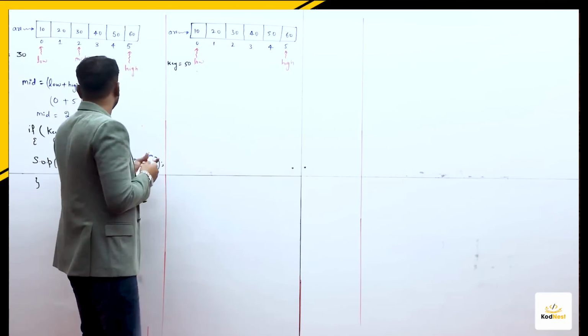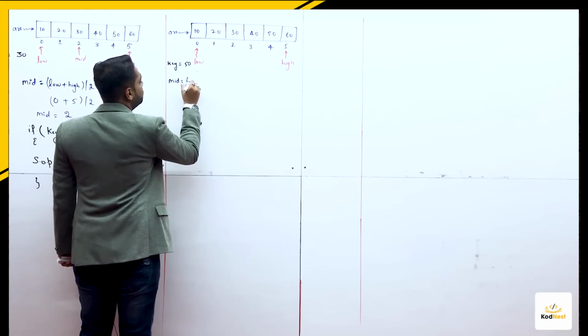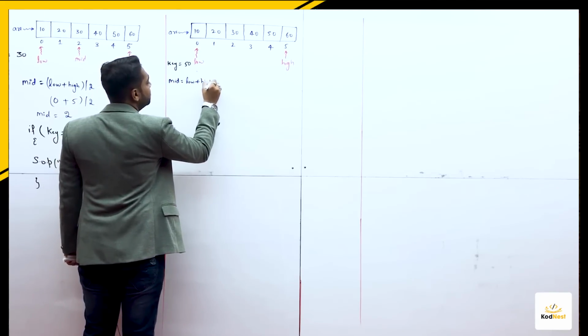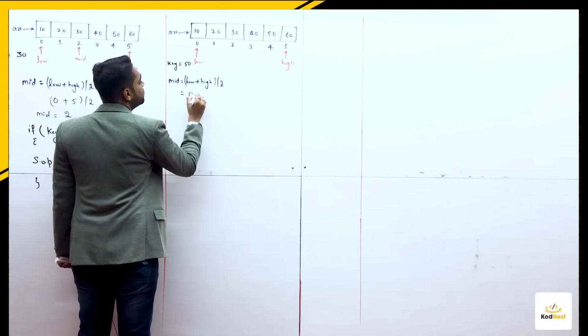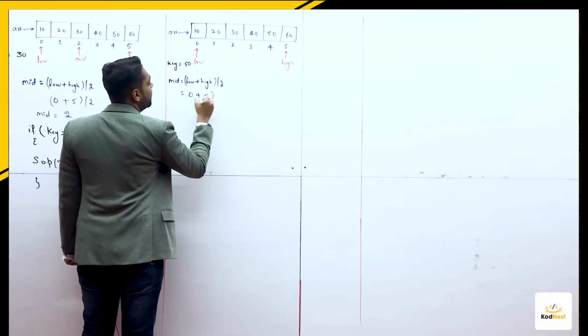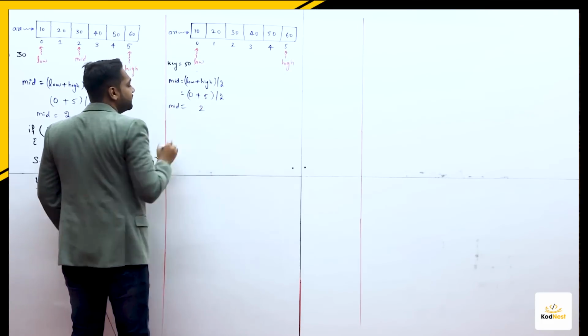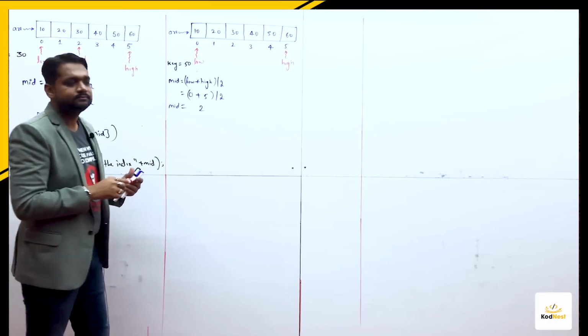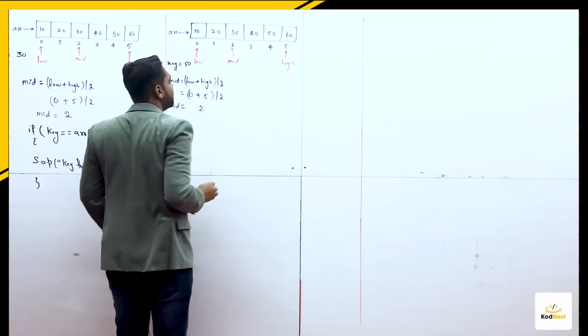Calculate mid. Mid will always be equal to low plus high whole divided by 2. Low value is 0. High value is 5. 5 by 2 is 2. So mid becomes 2. Am I not correct? Mid becomes 2.